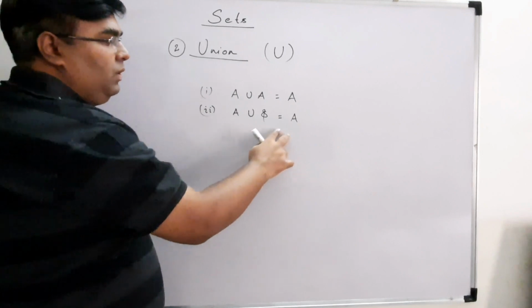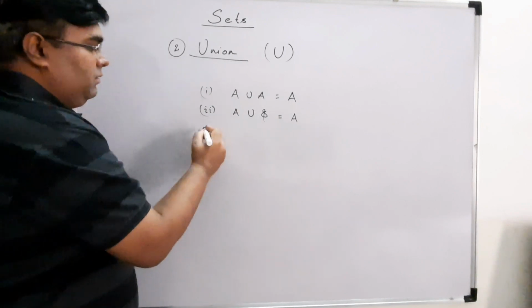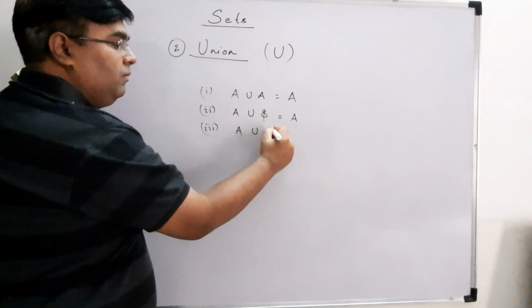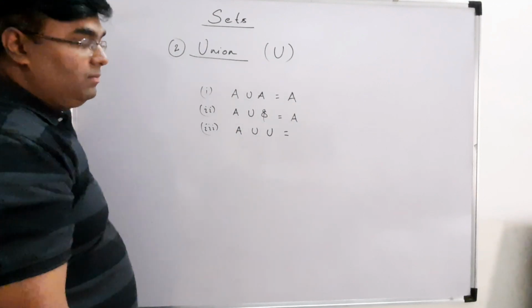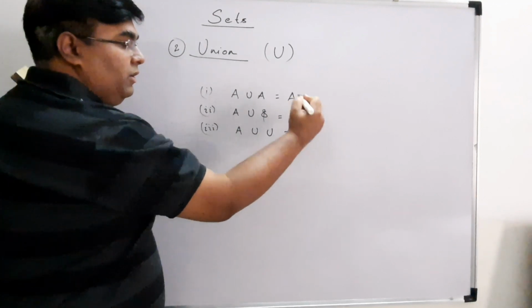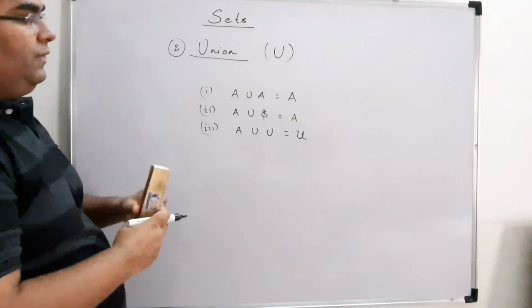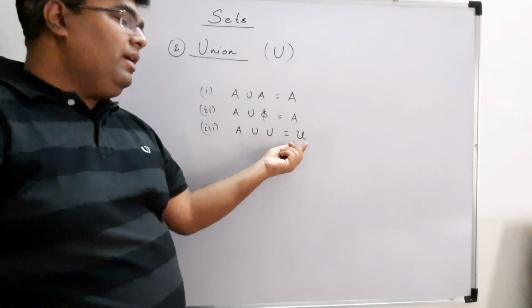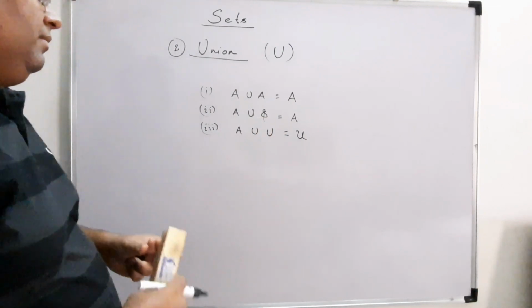So basically it will be A. Third, the union of A and the universal set gives you the universal set.